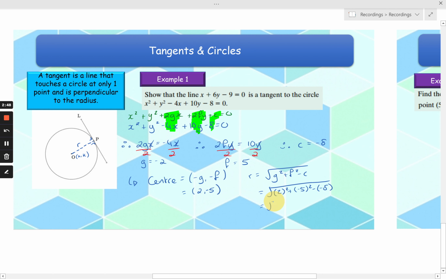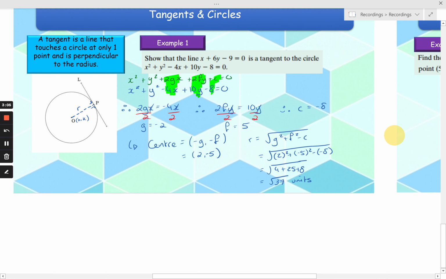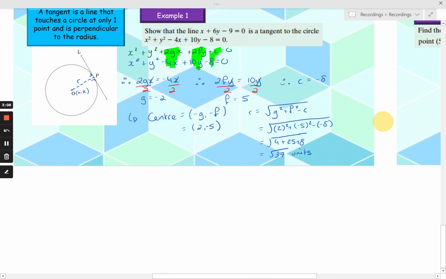So I get 4 plus 25 plus 8, and we need to get the square root of that number, which gives me the square root of 37 units, and I'm going to leave it as the square root of 37 units.